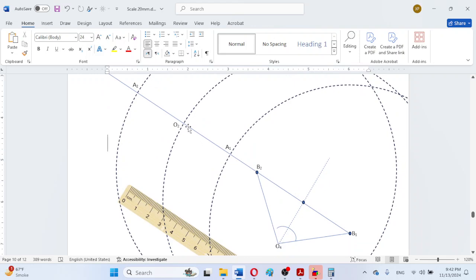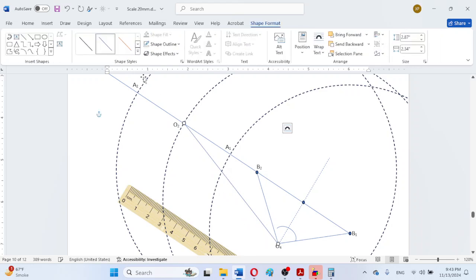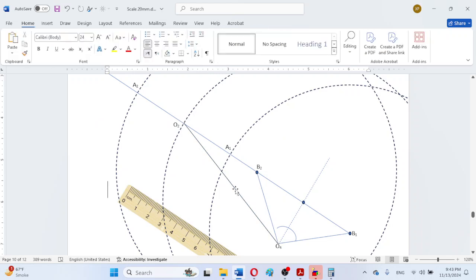So after that, this crank grounded revolute will be connected with this O4. So that means, for example, this is actually the grounded O2 O4.